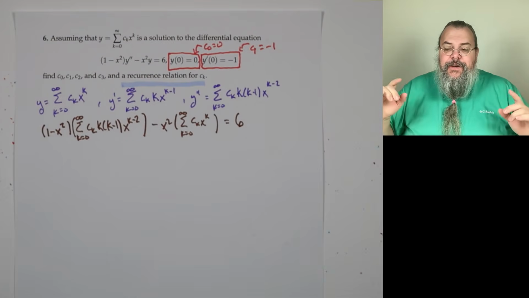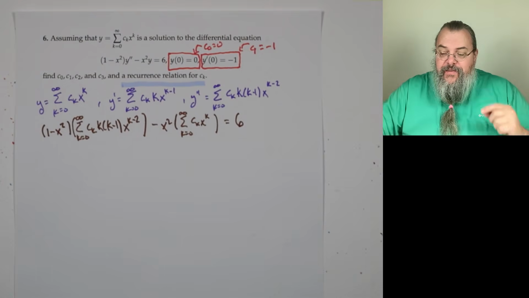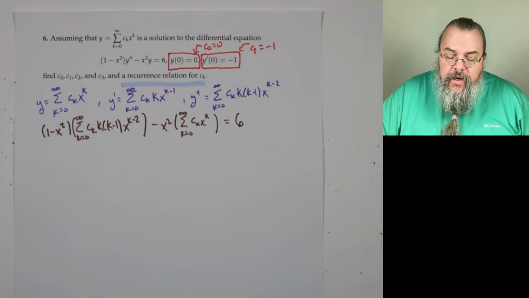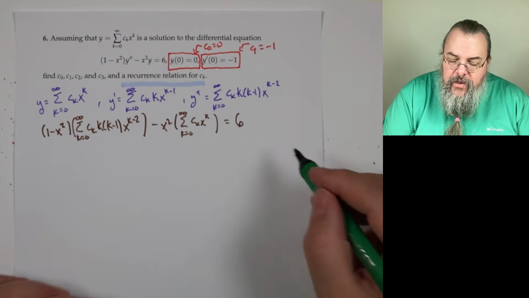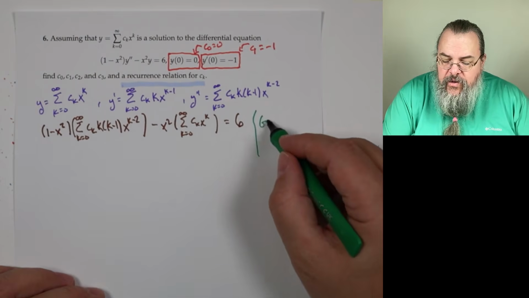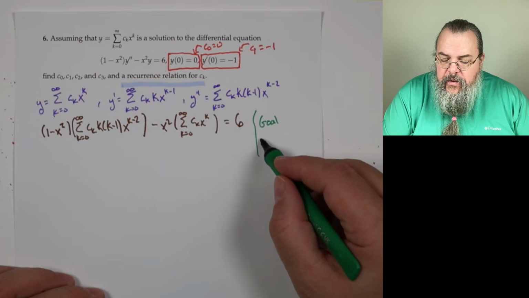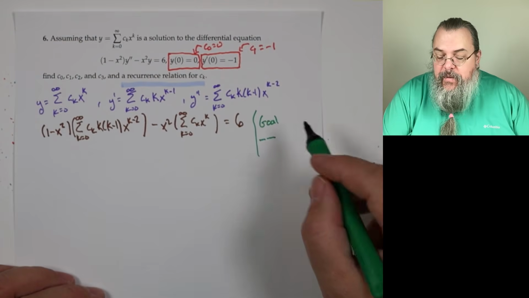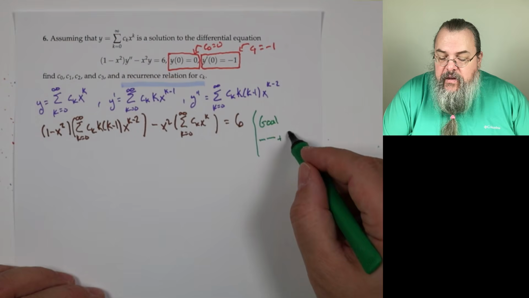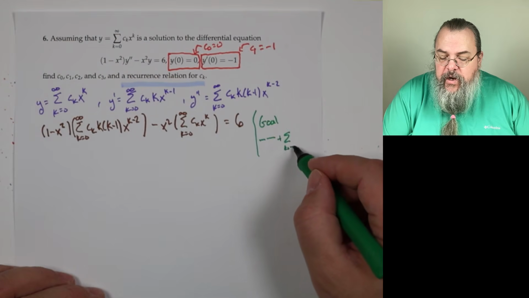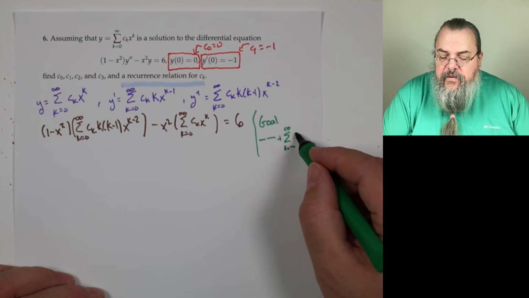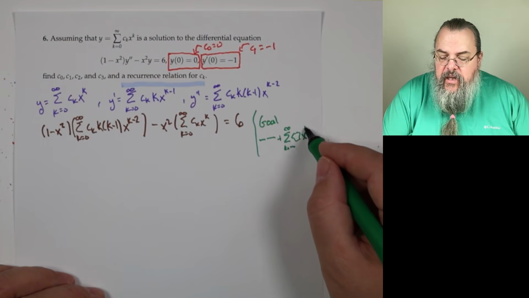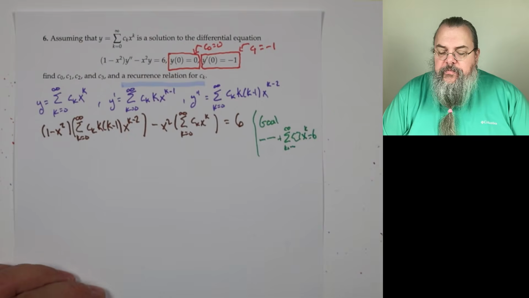But not just one sum. We're going to be smart about this. And what we really want to have, our goal, we'll put it in here. What's our goal? We want to get a few terms possibly at the start. It can happen. It may not. Plus a sum that starts from somewhere to infinity of stuff x to the k equals 6.